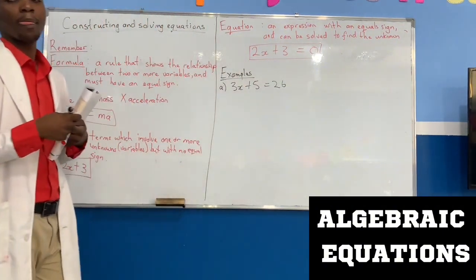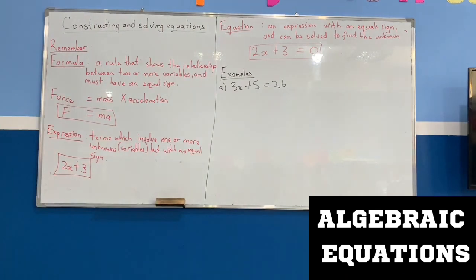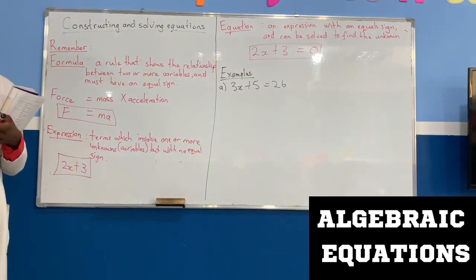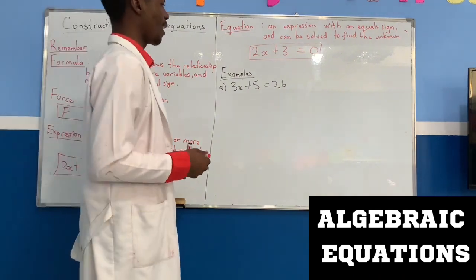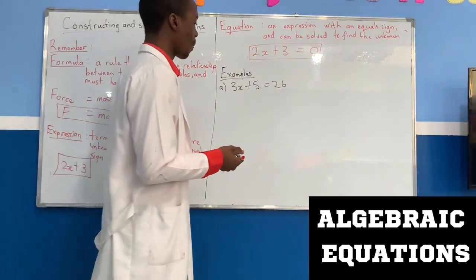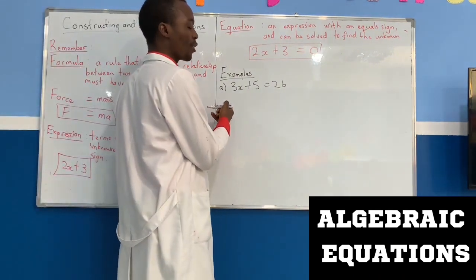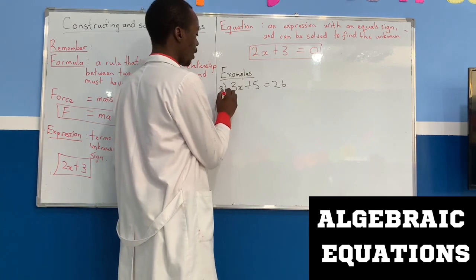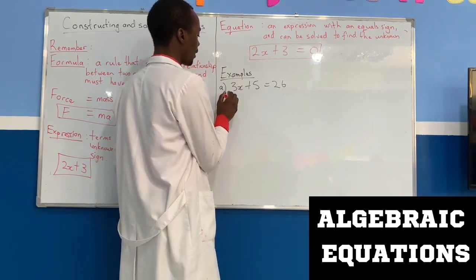Now, take note. In solving equations, we need to follow steps, okay? We need to have a methodical way of doing it. So in this example, we have 3x plus 5 equals 26.